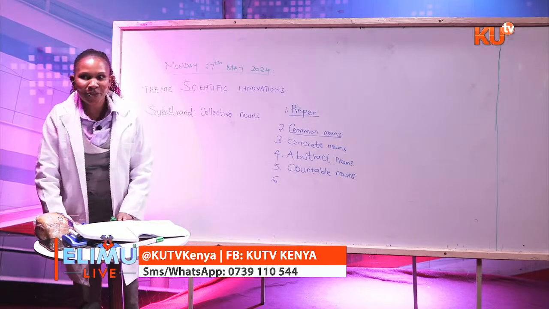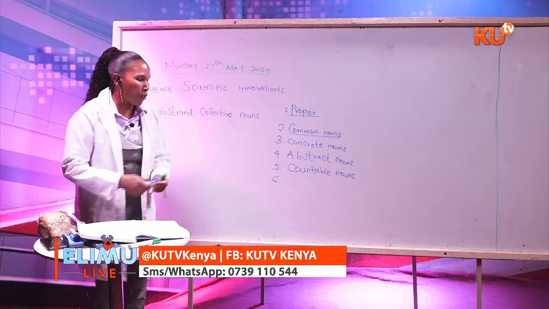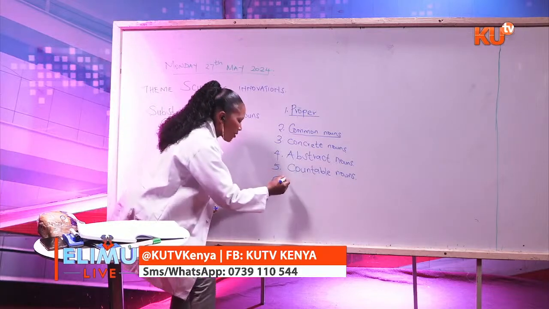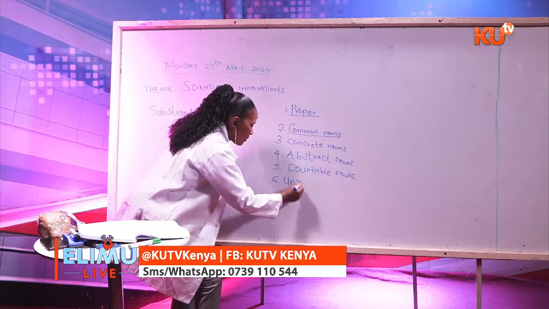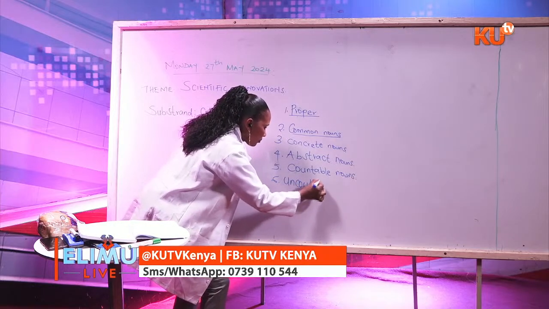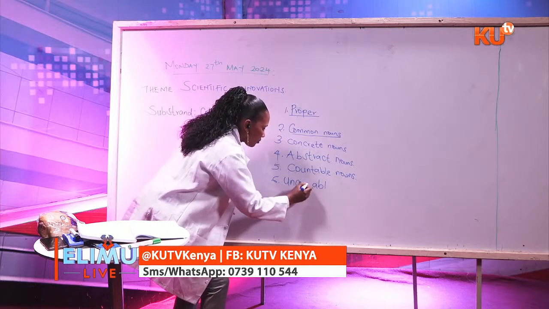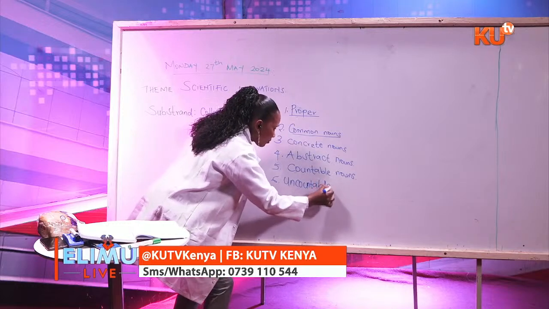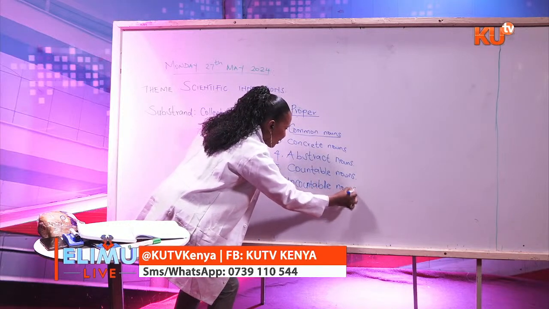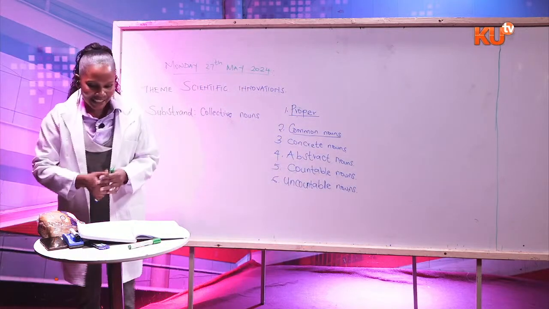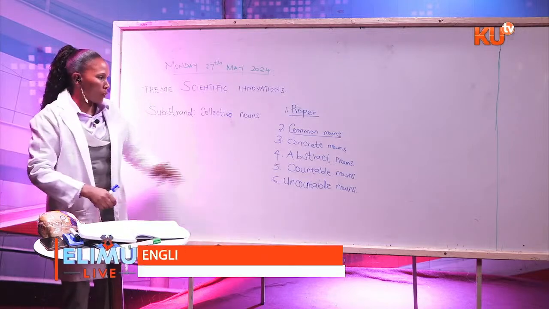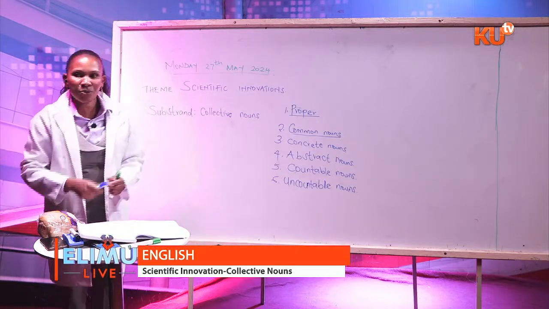Those are called uncountable nouns. Well done. We are through with the types of nouns that we know.